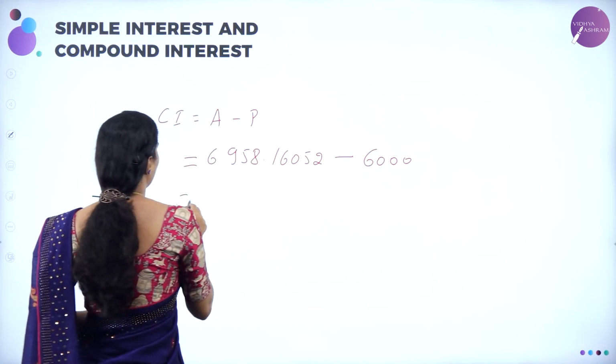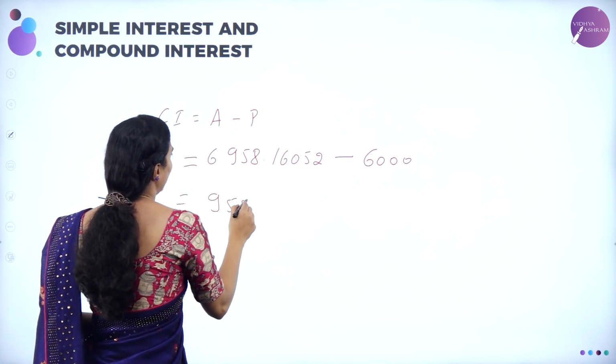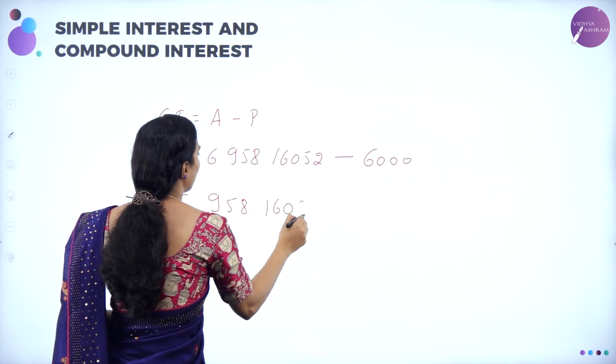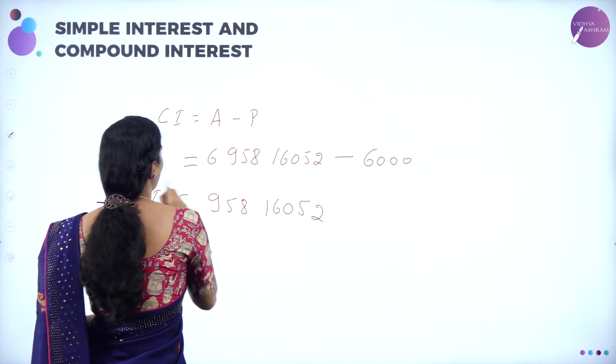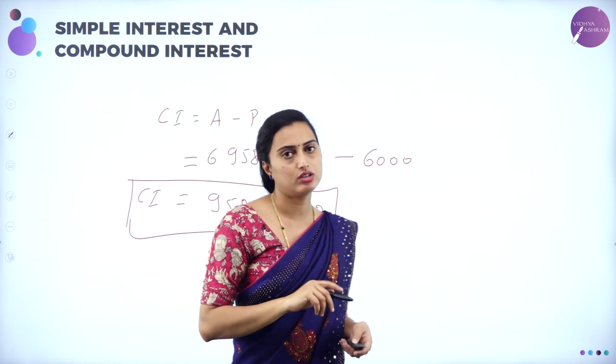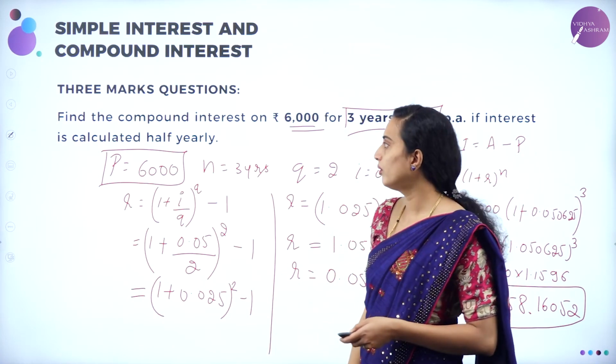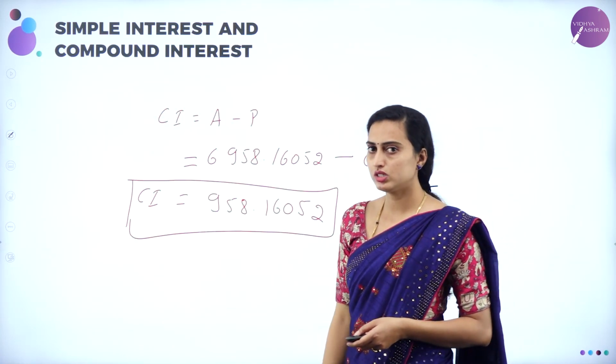So the answer you are going to get for CI is 958.16052. This much compound interest will be calculated for the given question. Understood? Okay, I hope you understood this question.